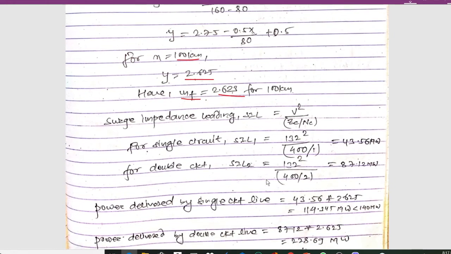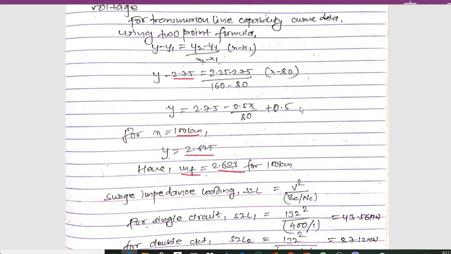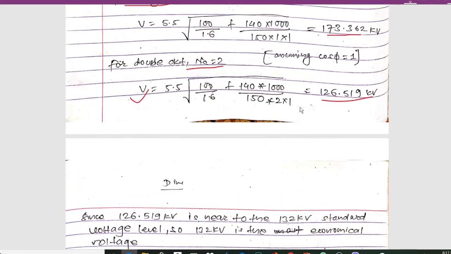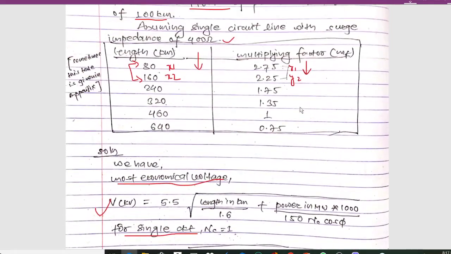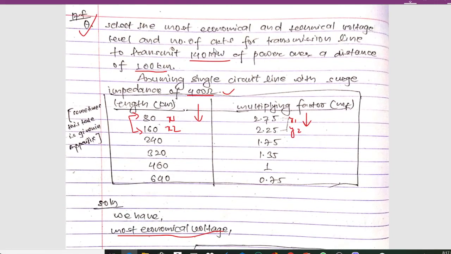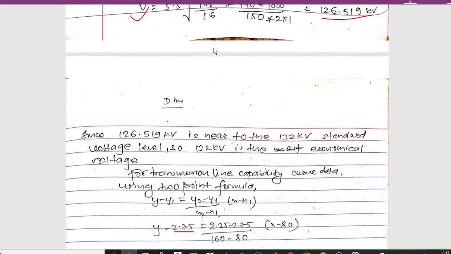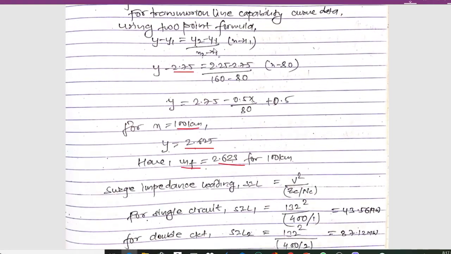Now we have to calculate the surge impedance loading. For surge impedance loading we have the formula V square upon ZC upon NC. For single circuit lines NC equals 1, so 132 square upon the impedance ZC, which is given as 400 ohms. Here we have selected the economic voltage as 132 kilovolt.